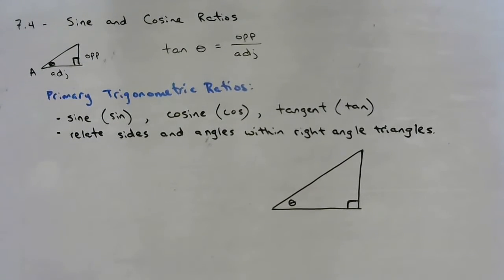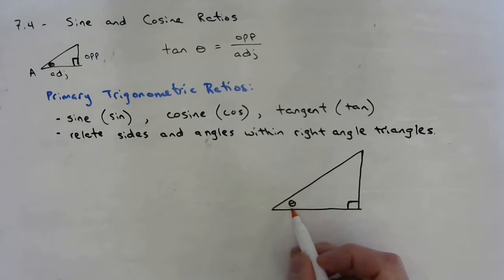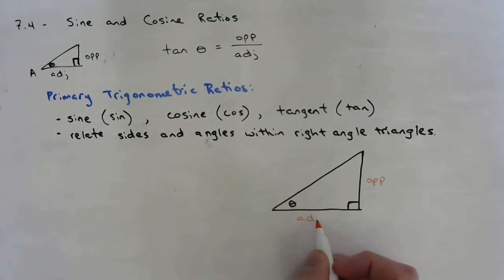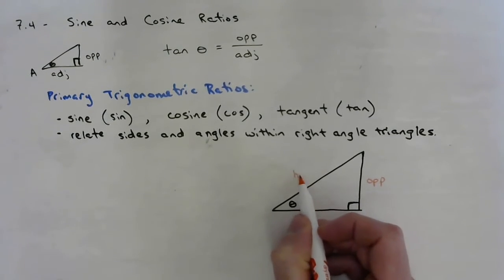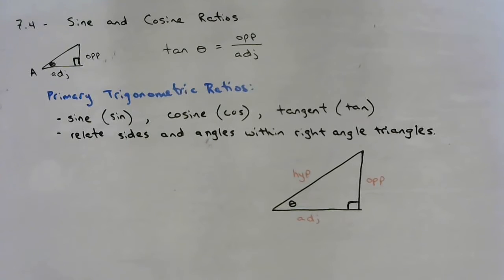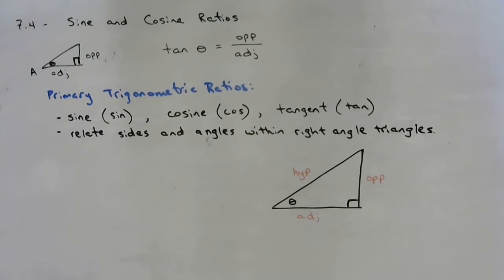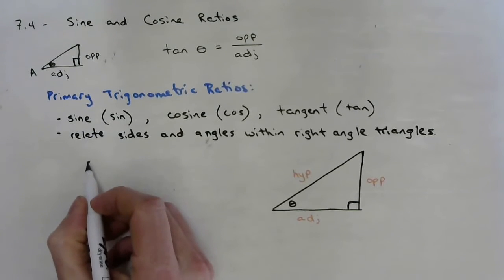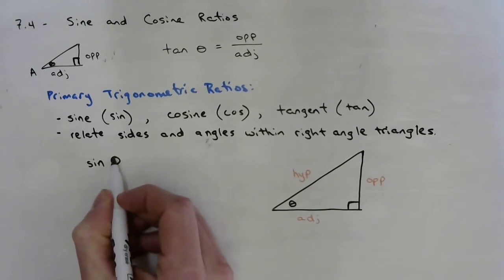So let's identify our sides first. From here, I'd have opposite and adjacent, and the hypotenuse is always across from the right angle in my right angle triangle.